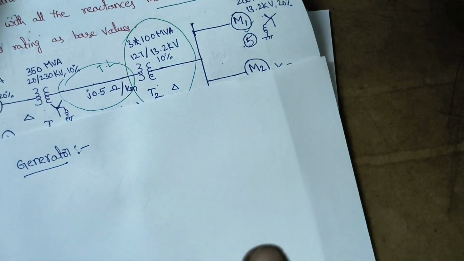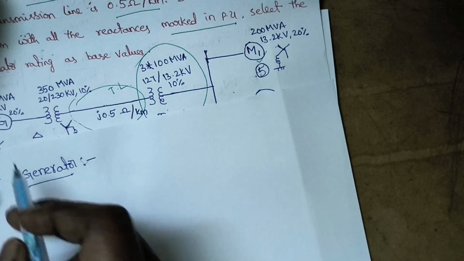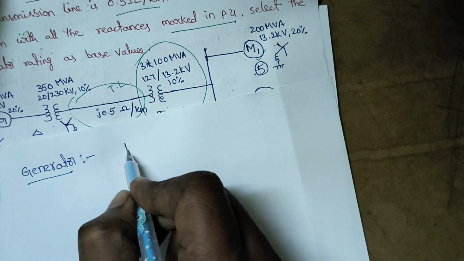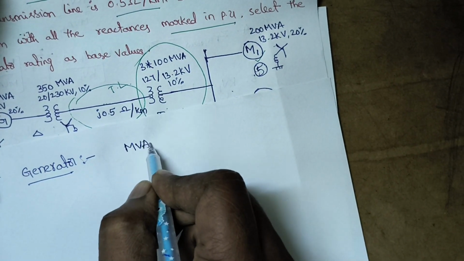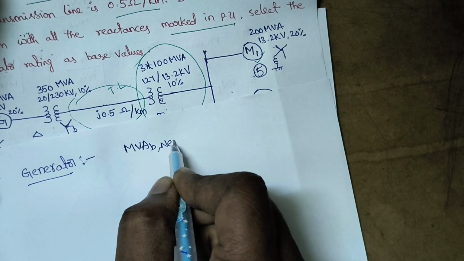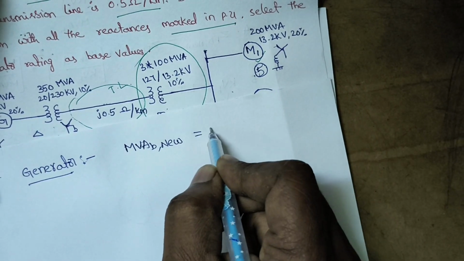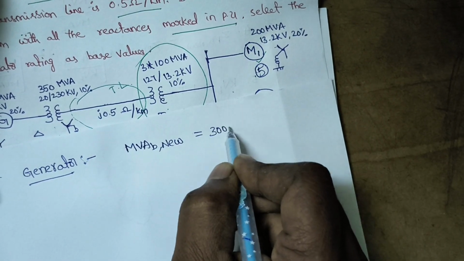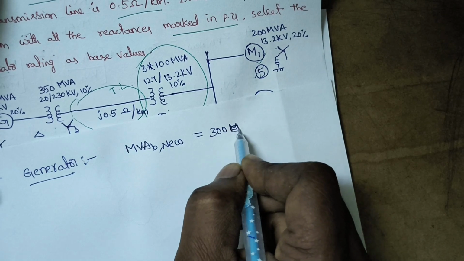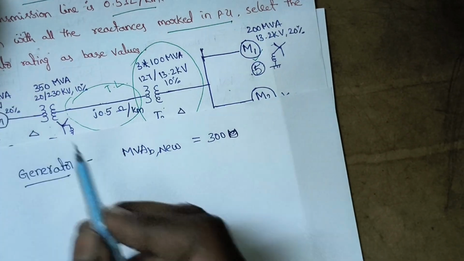The new base MVA is equal to 300 MVA, that is for the generator.